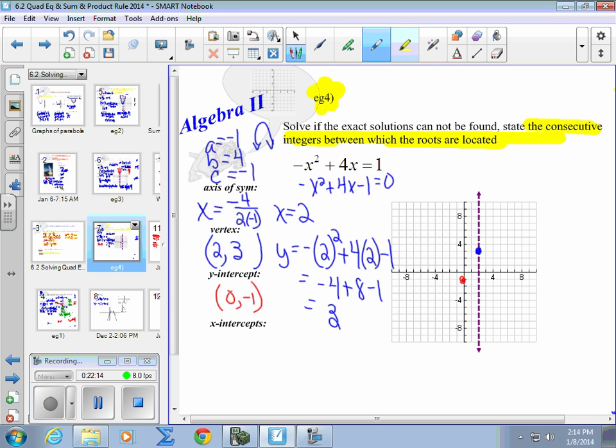You notice there's another point on the opposite side, so we're just going to mark that. If we went to factor this, we would be looking for the factors of 1 that multiply together to give you 1 and add together to give you 4. Are there any such factors? No. No factors.